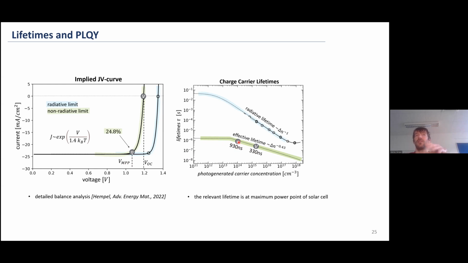But if you correlate this to the implied JV curves and certain operating conditions, you can find out what the relevant lifetime is. And you can also estimate the implied performance of your material.